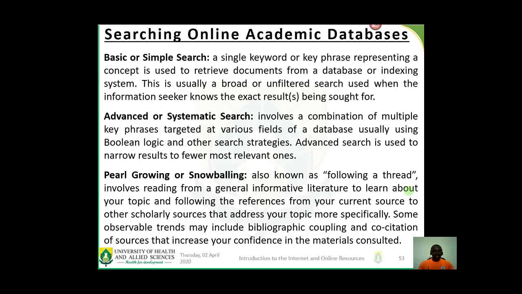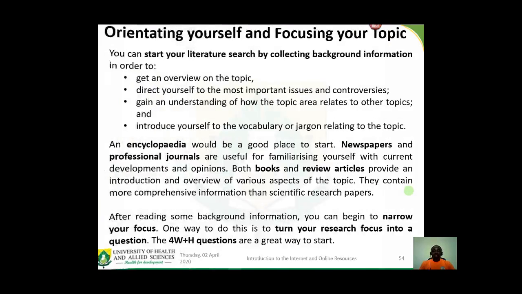I think even with the OK maps, that's Open Knowledge Maps, if you use that to discover literature, you realize that it gives you connections to other relevant articles that are related to the particular one that you are reading. These are all pearl growing or snowballing strategies in conducting an online search.